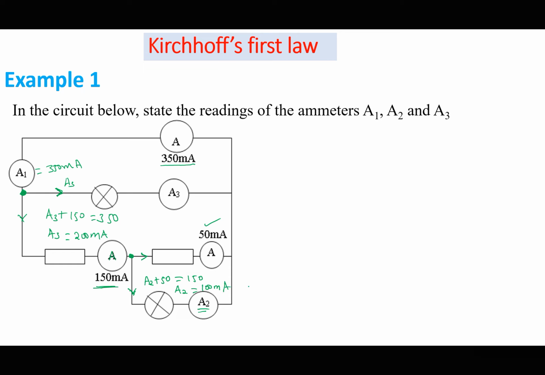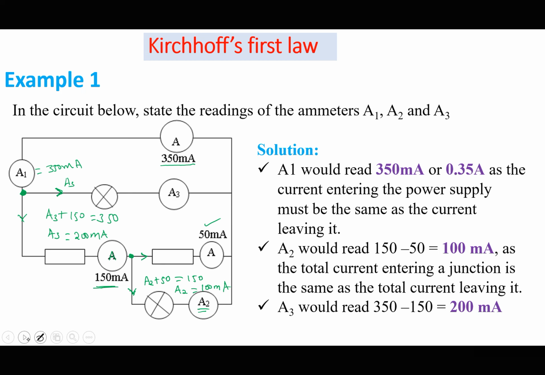So we have used Kirchhoff's first law, that is conservation of charge, or the sum of currents entering a junction equals the sum of currents leaving the junction, to obtain the different currents. A1 is the same as 350 because it is just linked to the other one, so they must be reading the same current.